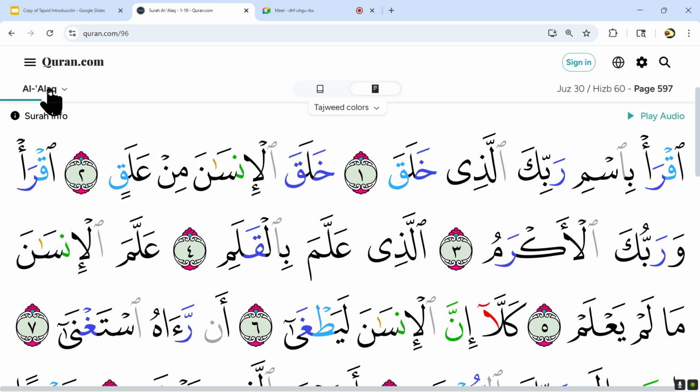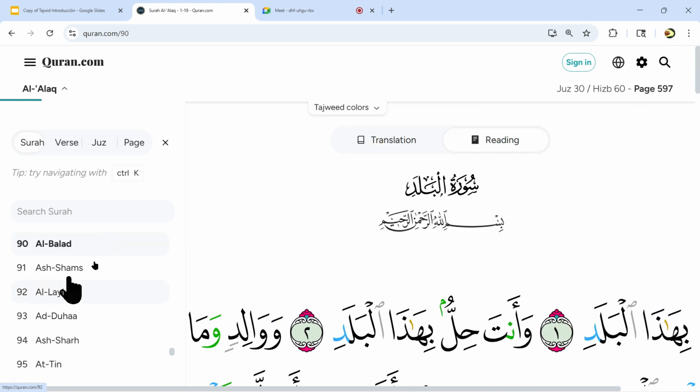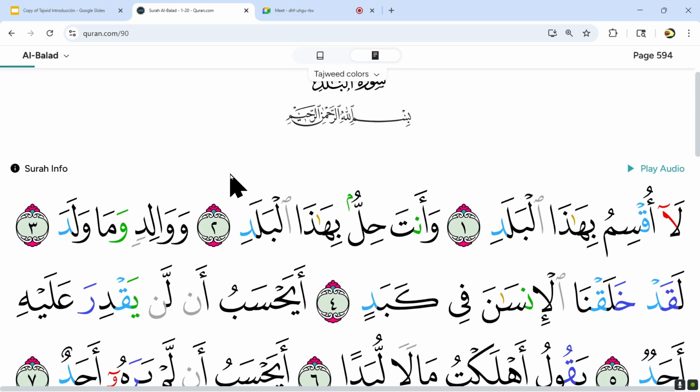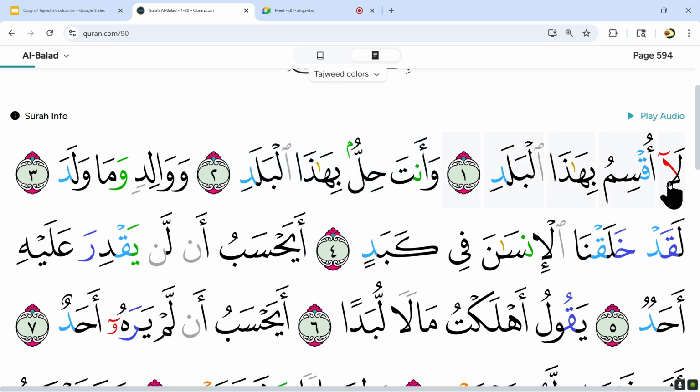Okay. And to finish off, let's just see Balad. لا أقسم بهذا البلد وأنت حل بهذا البلد. Okay. So qaf bounces, dal bounces.